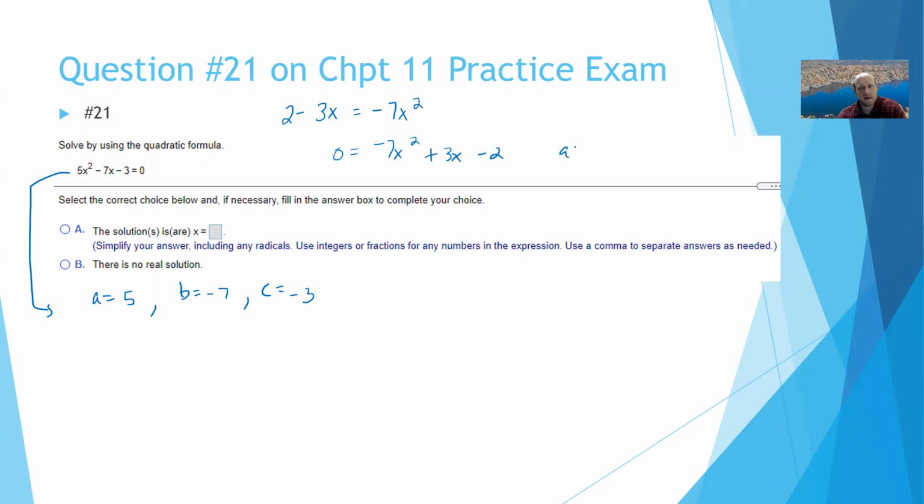So now I could pick out the A, B, and C from this example, and I would get negative 7, 3, and negative 2.